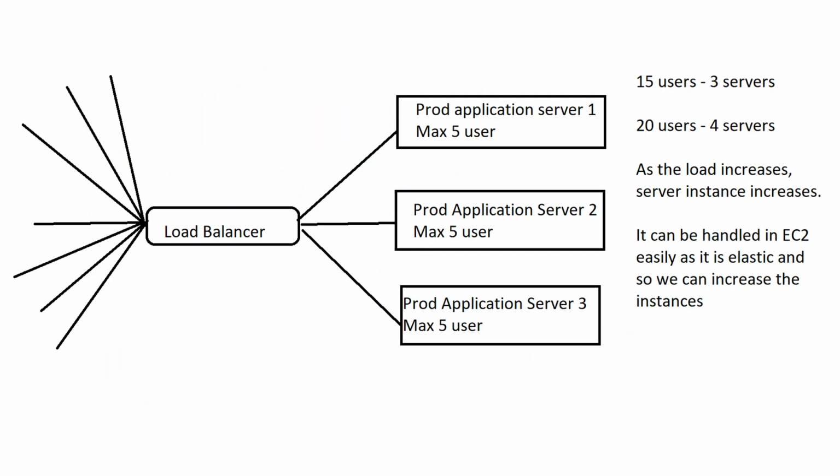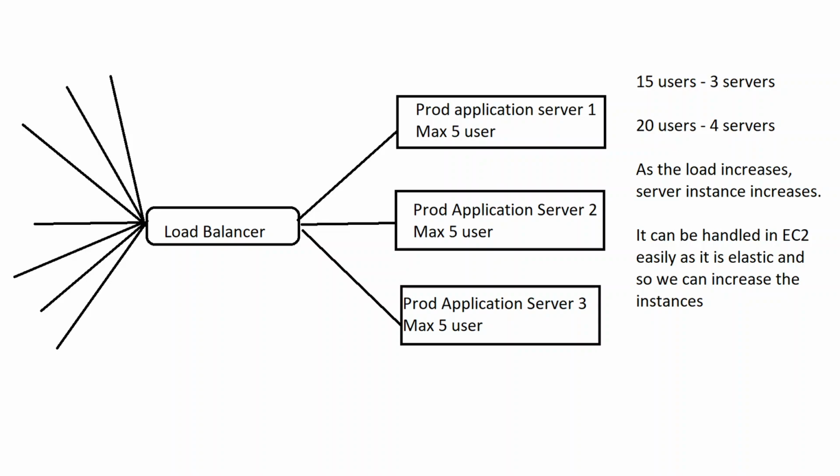Okay, so let's see a sample example. We have an application which is installed in 3 different production servers, and each server has the capability to handle 5 users. Through load balancing, we are routing our traffic to these application servers. So in our current scenario, we can handle a maximum of 15 users.